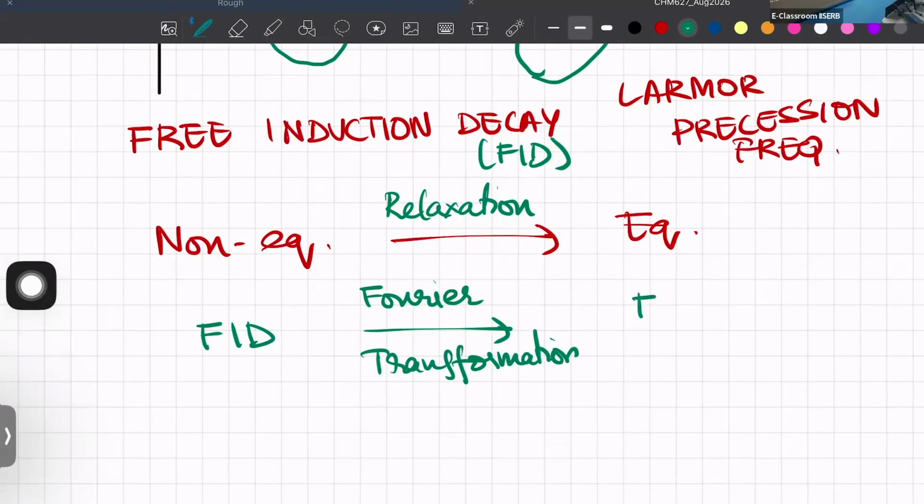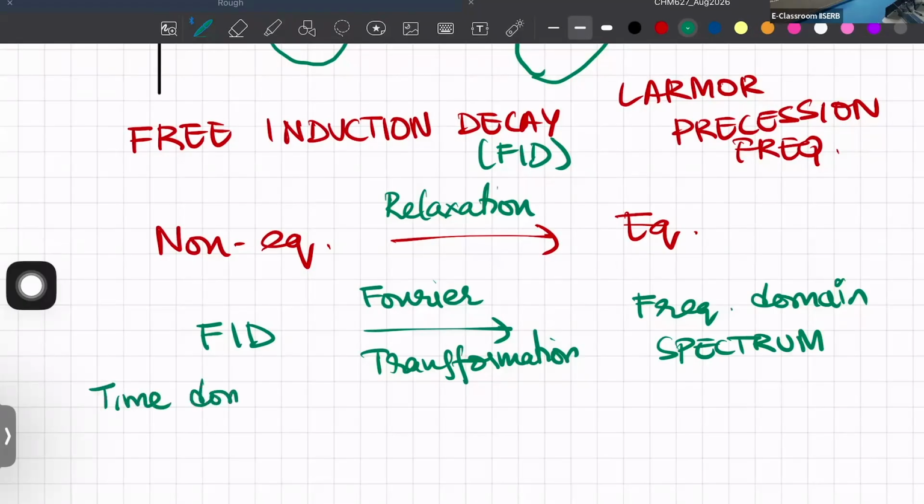You will end up getting the frequency domain spectrum. As chemists, we like to look at chemical shifts, which are all in frequencies, at least relative frequencies. And therefore, you started with a time domain signal.